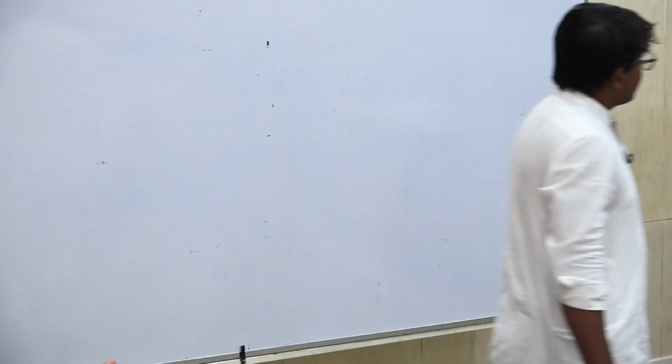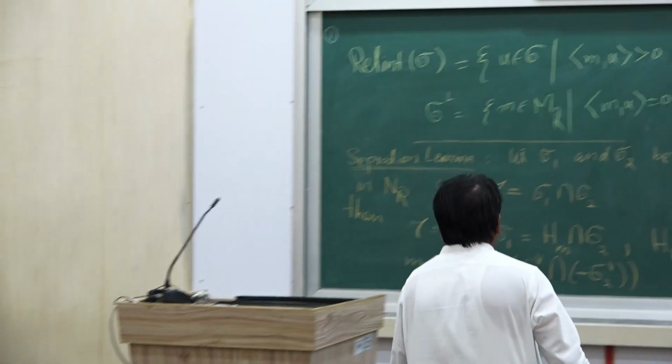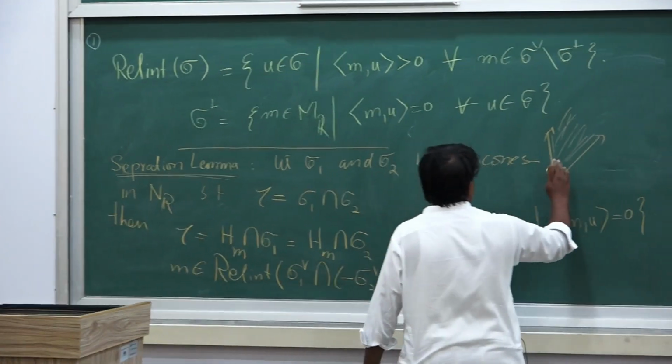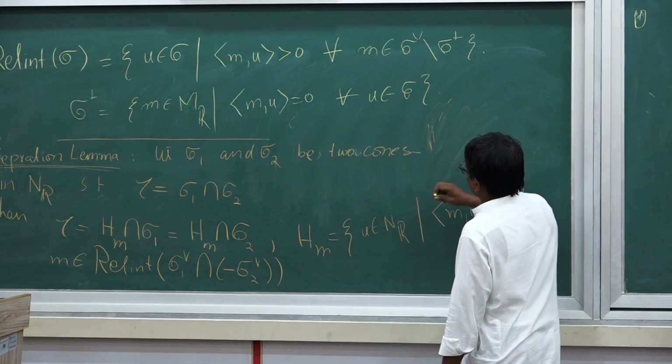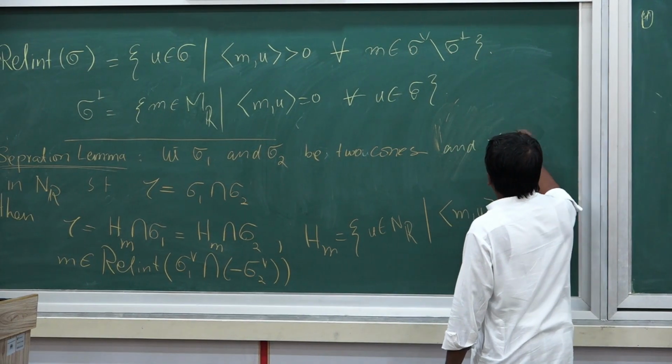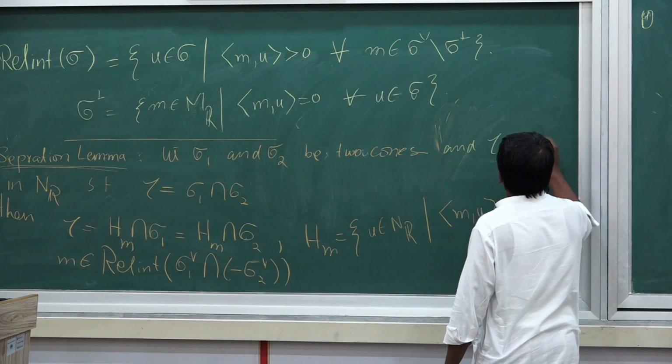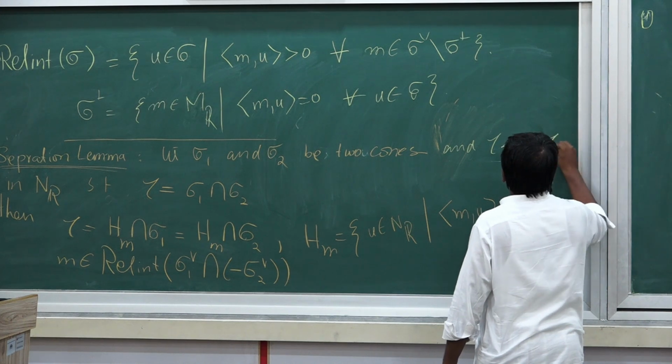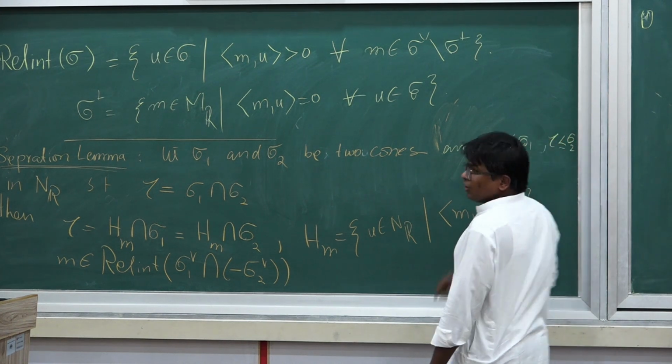Oh, I am talking about when I have a common face among two cones. So what is the thing that says that the intersection should be a common face? So, you are saying that there is something missing actually. Yeah. And you have a common face tau, which is a face of sigma 1 and a face of sigma 2. Okay. That is what you are saying.